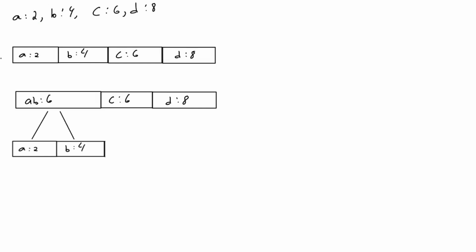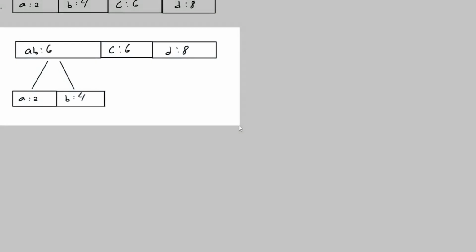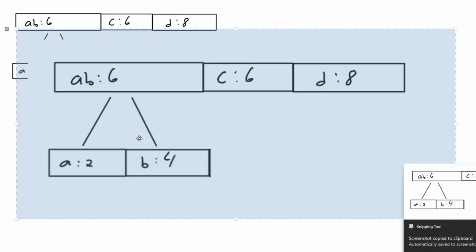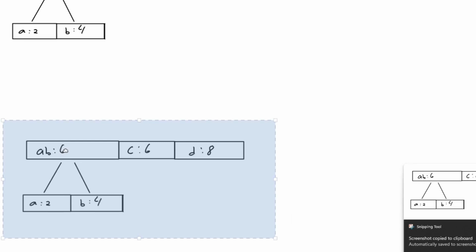Now we're going to do the same thing over again. So step 3: I'm going to combine AB6 and C6 together to get ABC12. I'm going to take this same tree over here, which will make life a lot easier, and this is going to build up.